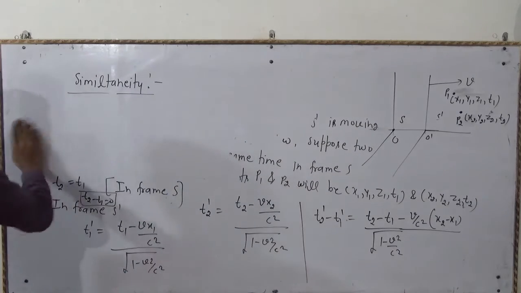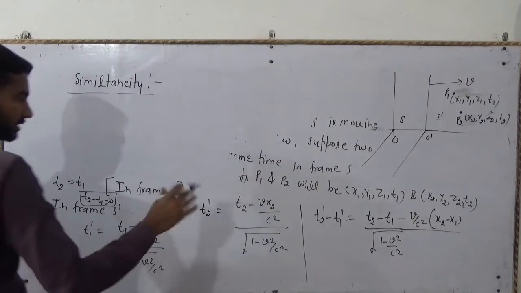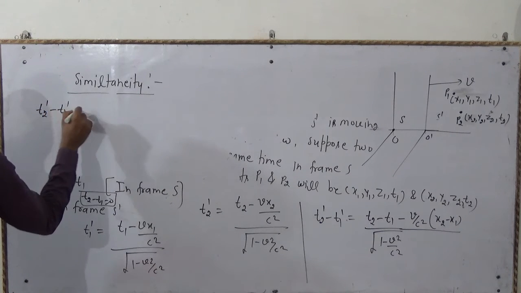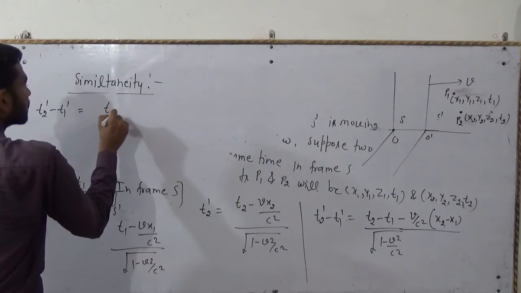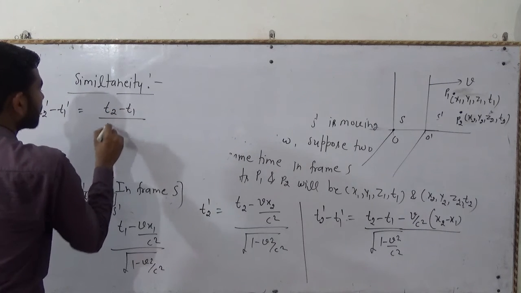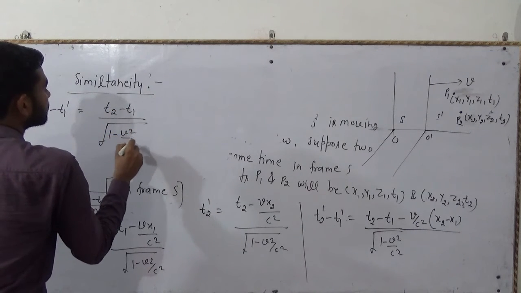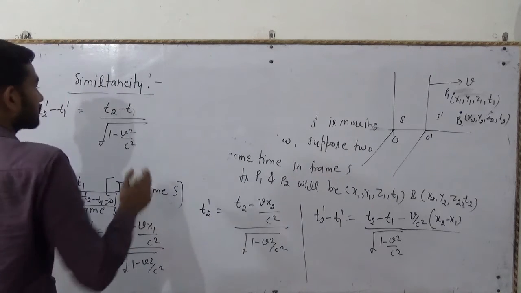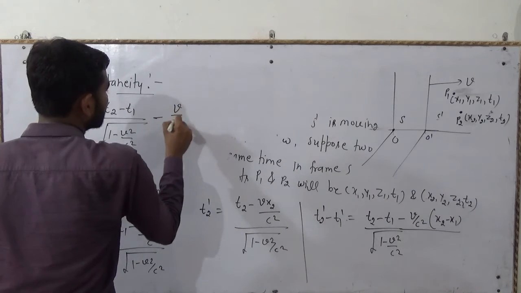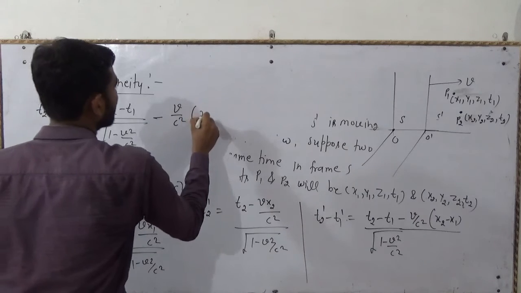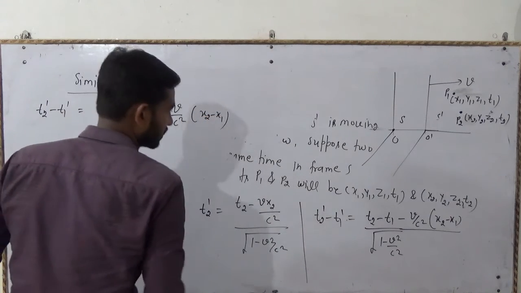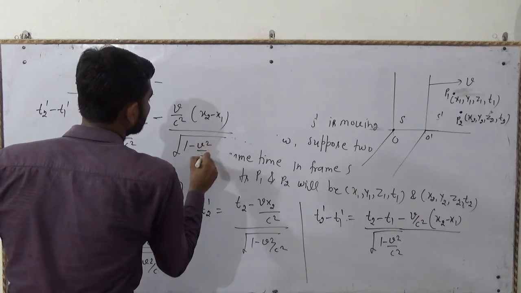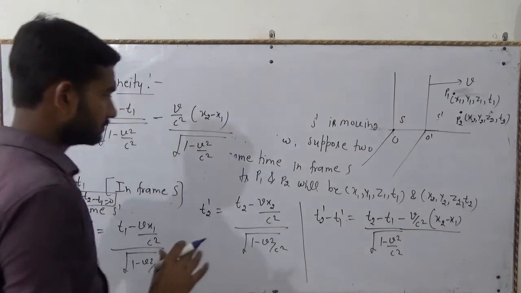So what result do we find from this simplification? The value of T2 dash minus T1 dash is equal to T2 minus T1 upon under root 1 minus V square by c square, which we can write in separate form, minus V by c square, x2 minus x1 upon under root 1 minus V square by c square.